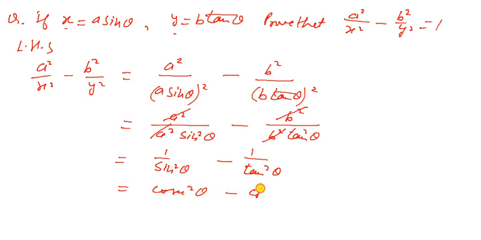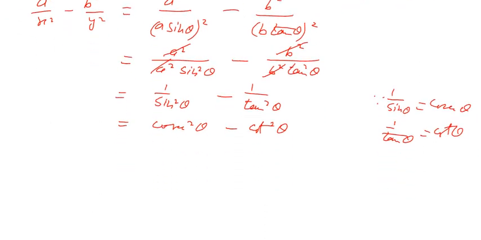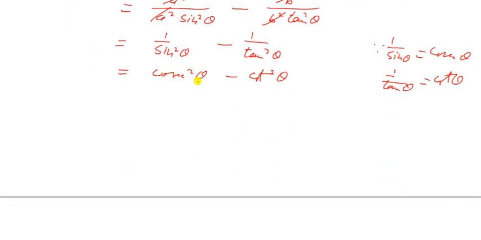So 1 upon sin square theta is cosec square theta, and minus it is cot square theta. As you know, 1 upon sin theta is cosec theta, and 1 upon tan theta is cot theta.